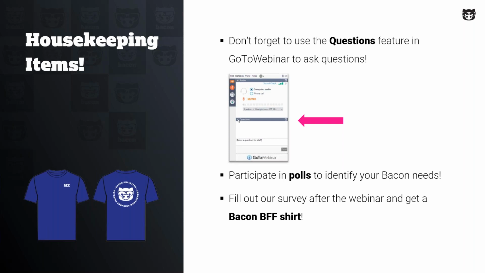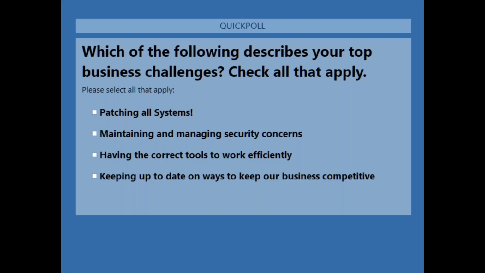We've got one more poll, and then we'll move into the briefing. Which of the following describes your top business challenges? Check all that apply: patching systems, maintaining and managing security concerns, having the correct tools to work efficiently, or keeping up to date on ways to keep your business competitive. Having the correct tools to work efficiently is a good one to be first, since we're definitely going to be talking about that today.